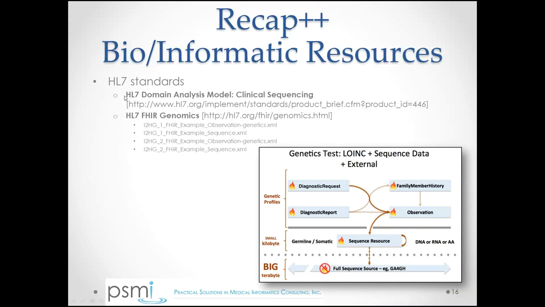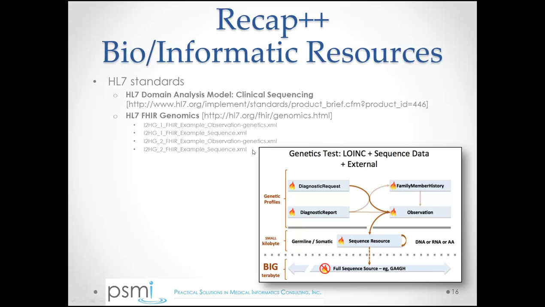It's not a UML diagram of the domain, but rather a series of scenarios and workflow diagrams, and it's pretty broad and encompassing with respect to scenarios. The Clinical Genomics Committee has plans on updating that. When we talk about reanalysis scenarios later, there's some information about workflow for reanalysis scenarios in this domain analysis model.